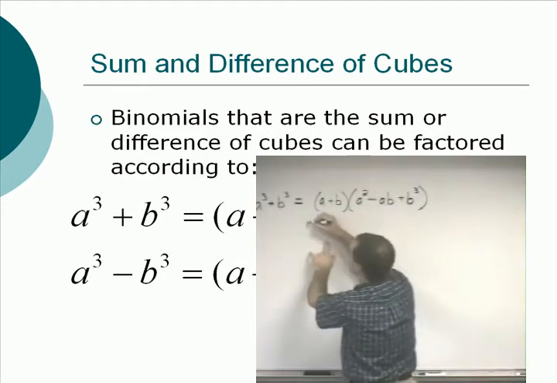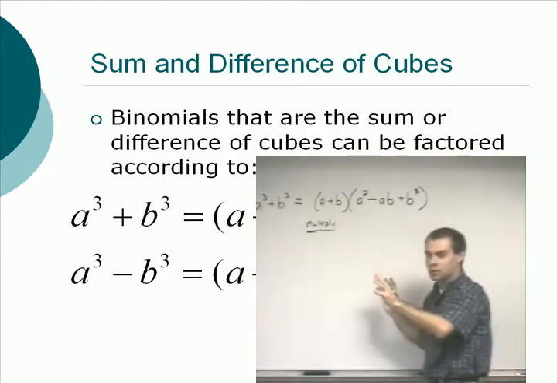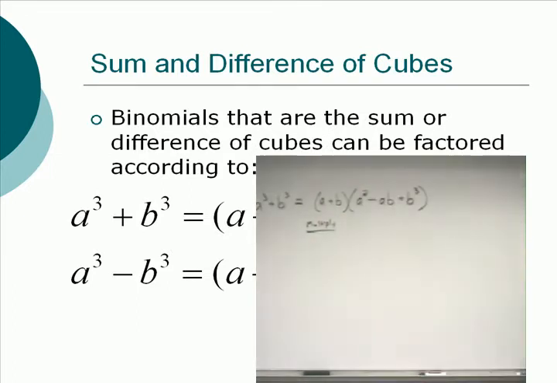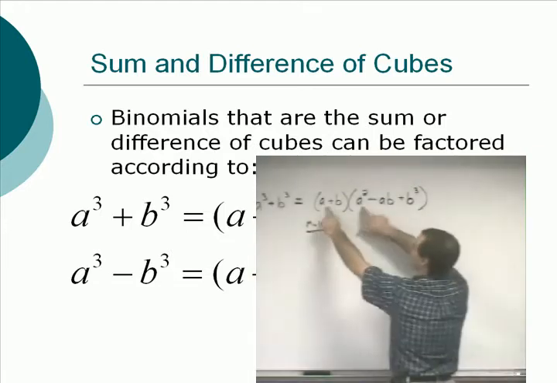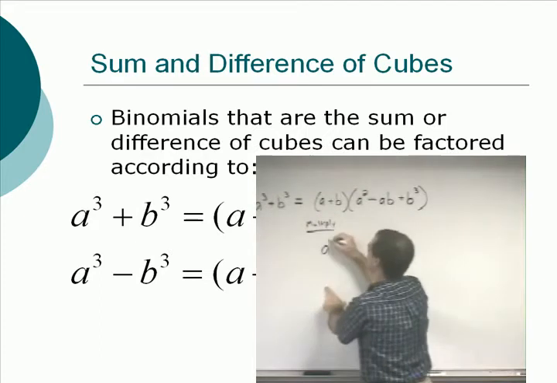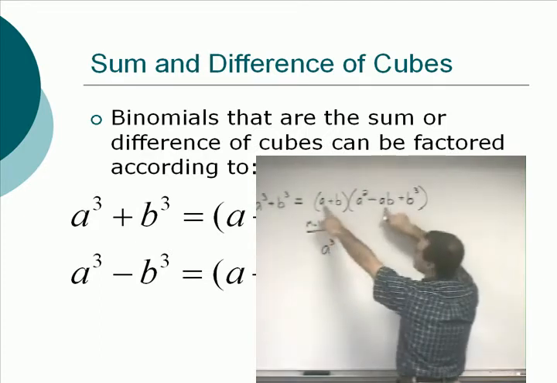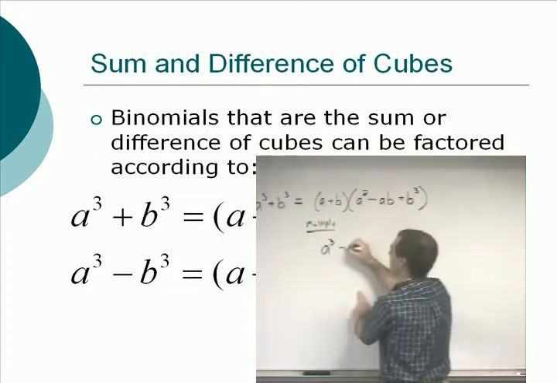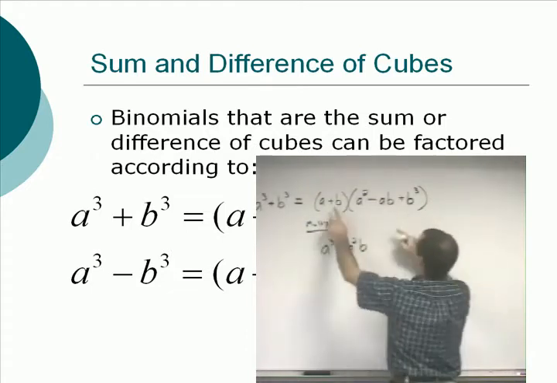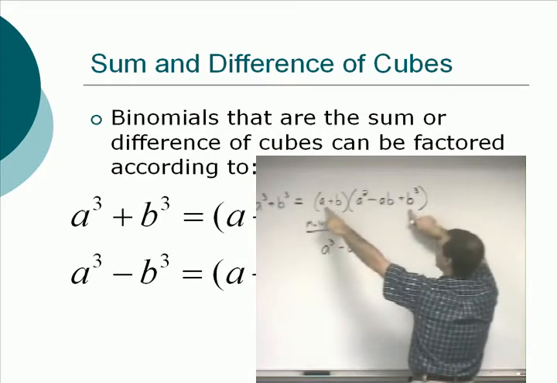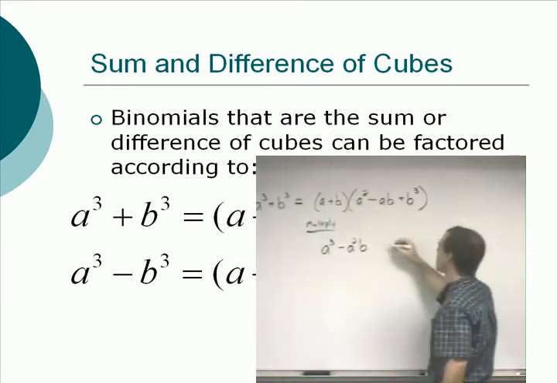You don't need to put this in your notes. It's just to verify that this works, okay? You should never take anything on faith. Multiply that out. We get a cubed minus a squared b. Last term will give you plus ab squared.